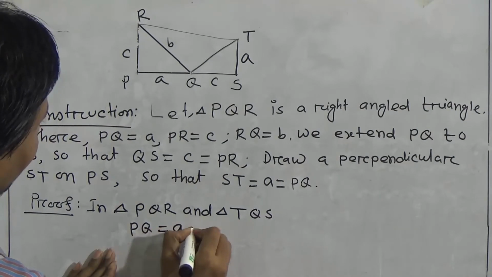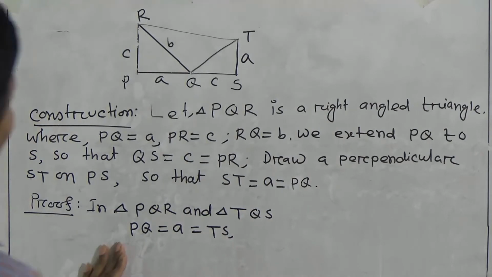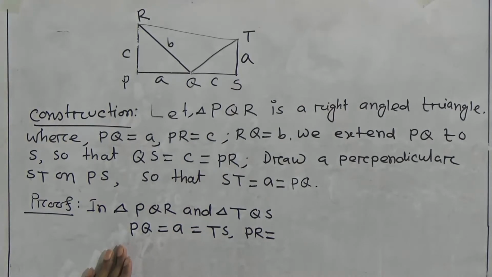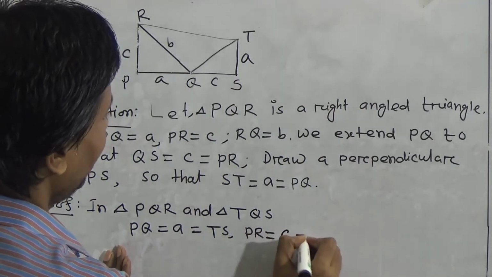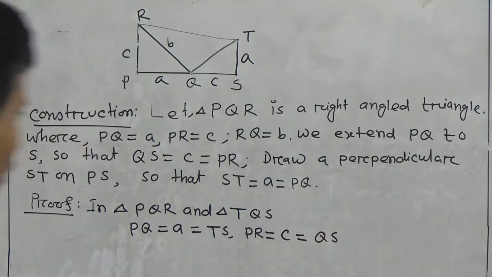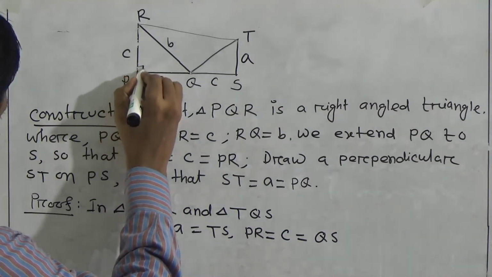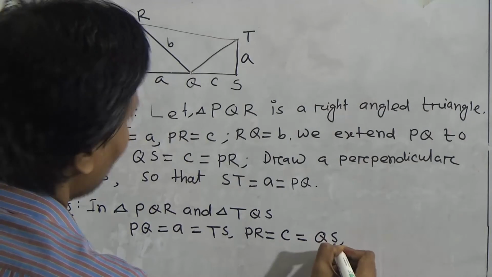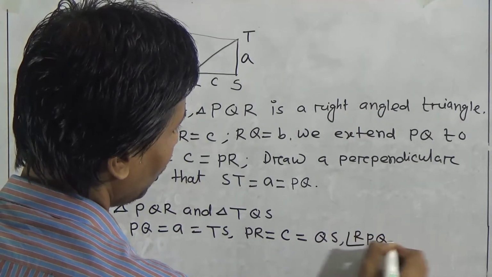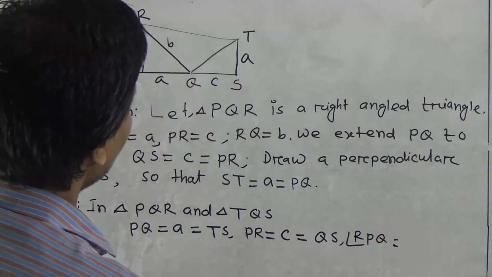PQ equal to A, this equal to TS. Then PR equal to C, this equal to QS. Okay. Now you see RPQ equal to what? TSQ.